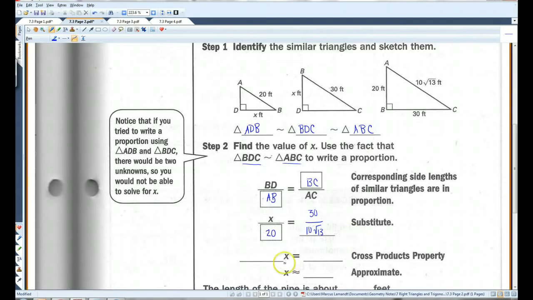Okay? So I'm going to cross multiply. I've got 10 root 13 x equals 600. I'm going to divide both sides by 10 root 13. 10 would make this like that. So 60 divided by root 13.